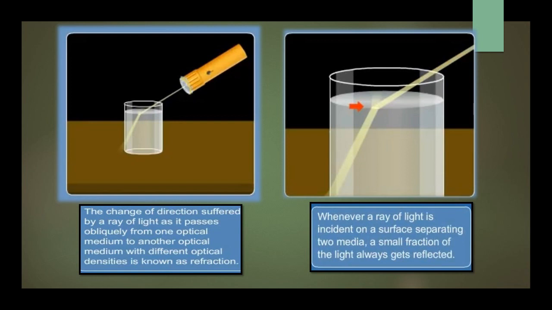Here the arrow shows you the refraction point. At this point the light is bending, but look carefully that some part of the light is reflected back. Now you can say during the propagation of light from one medium to another, the maximum of light is refracted, but a very small part of light is reflected back also.